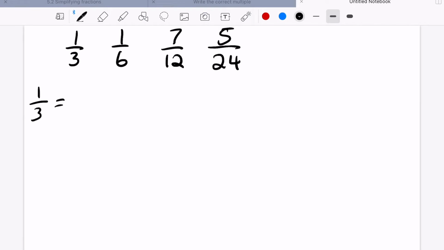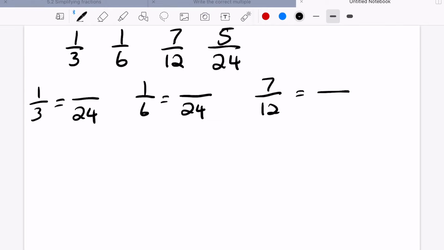1/3 is equal to blank over 24. 1/6 is equal to blank over 24ths. 7/12 is equal to blank over 24. All right, 3 times what equals 24? 3 times 8. So we multiply the top by 8 as well. So 1 times 8 is 8.